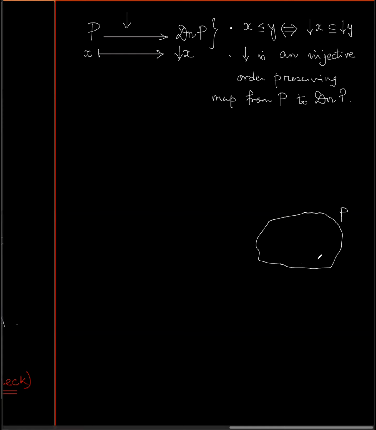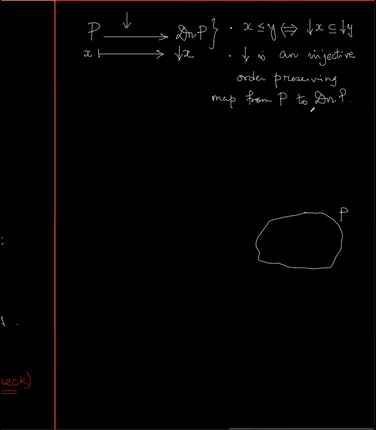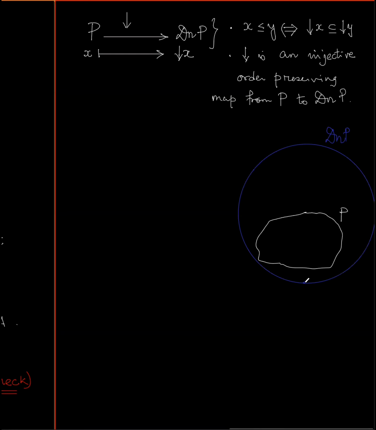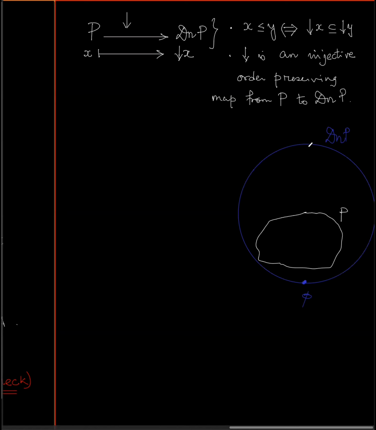We don't know whether it has a smallest or a largest or whatever. We somehow embed this P into a larger partially ordered set, which is our downset of P, and that has a smallest element and has a largest element.